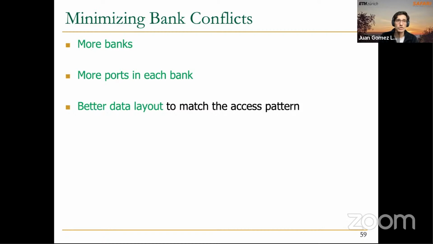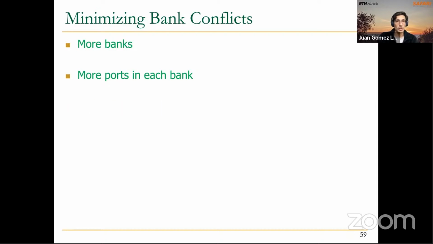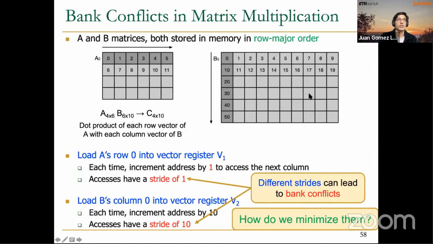But then there are also possibilities like trying to find a better layout depending on the characteristics of our workload. If we go back to this example, I think a very straightforward way of improving the layout for array B is transposing it, right?